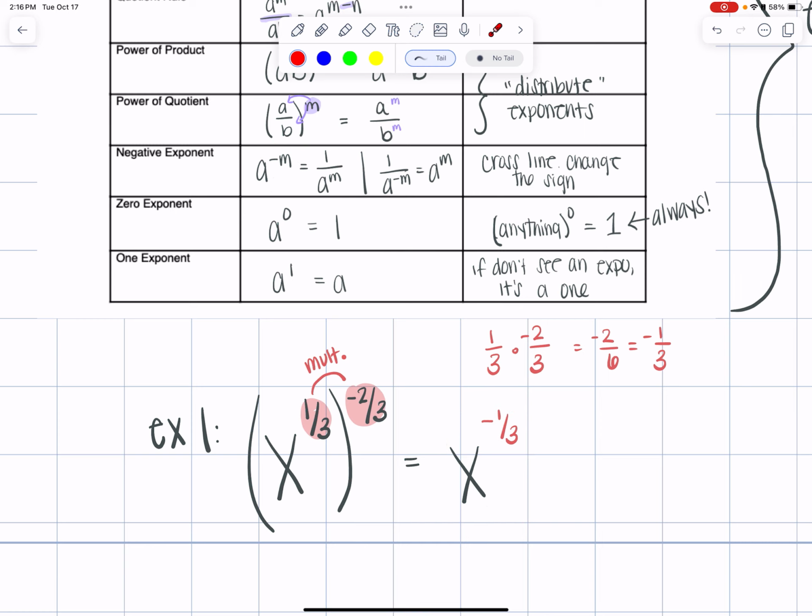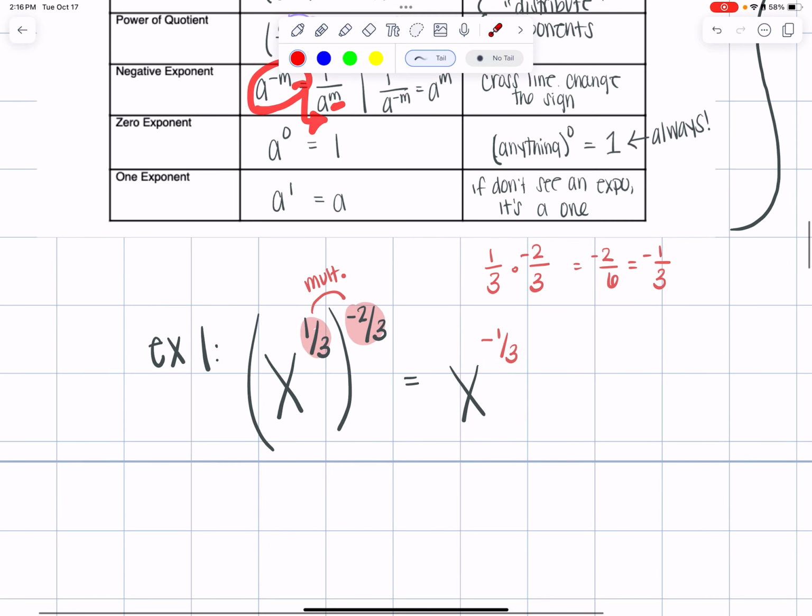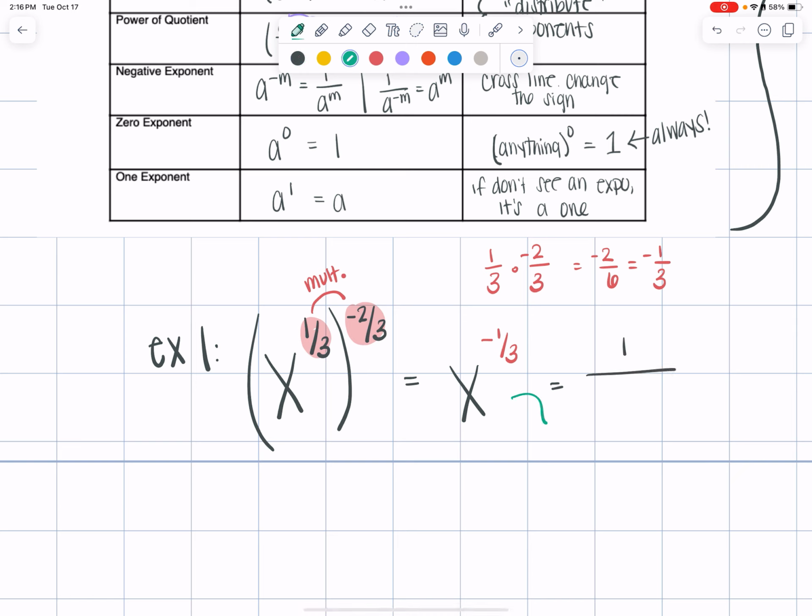So what I'm going to do is to make this positive, bring it down to the bottom, and change the sign of the exponent. So using that property, I'm going to have 1 over x to the positive 1/3. And that's going to be my final answer.